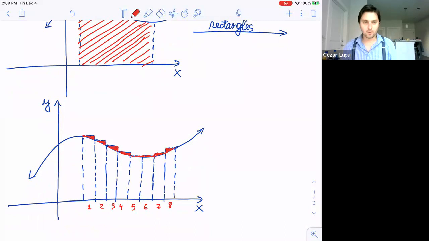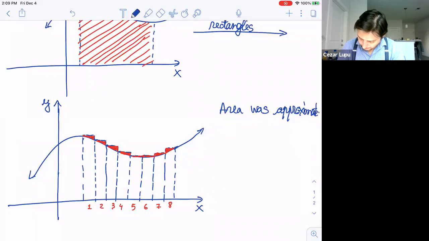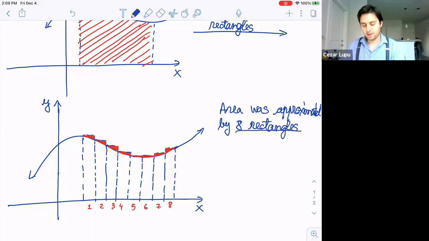So we have 8 rectangles, and we can say in this case that the area was approximated by 8 rectangles. This is important.